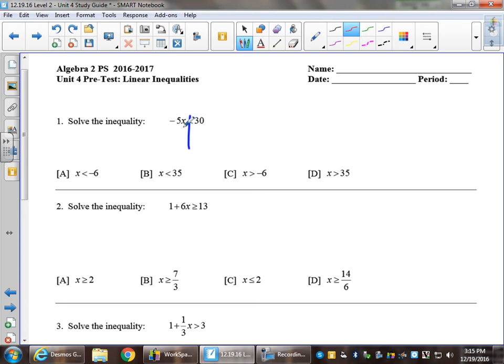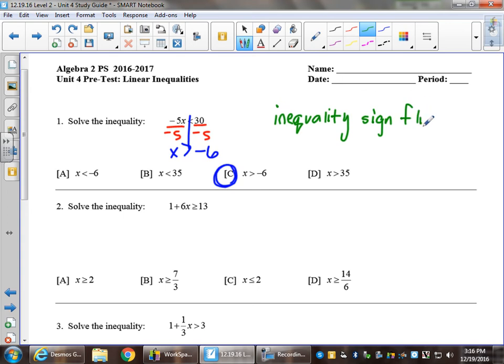Line down the inequality sign, divide by -5, divide by -5. That gets me x is greater than -6. That makes the right answer C. Somebody could easily get A if they forgot to flip the inequality sign. Inequality sign flips.